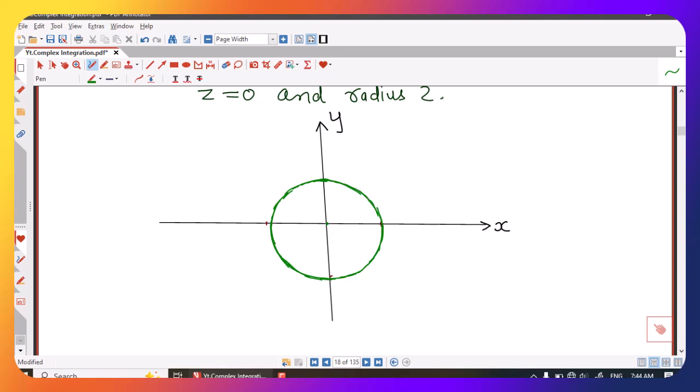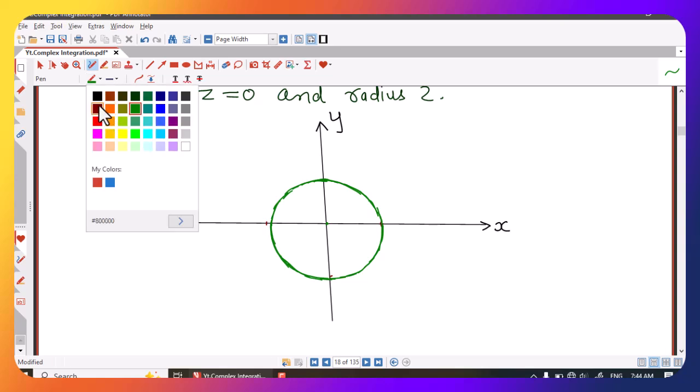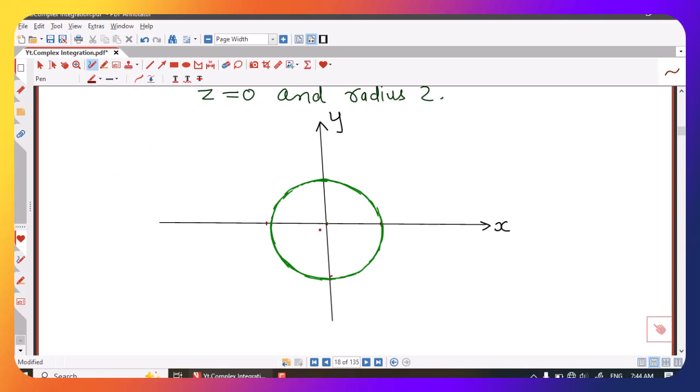Now here the center is origin, so here we have z equal to 0 and radius is 2, therefore this is 2, or we can write 2 comma 0. This point is 0 comma 2, here we will have minus 2 comma 0, and here we have 0 comma minus 2.